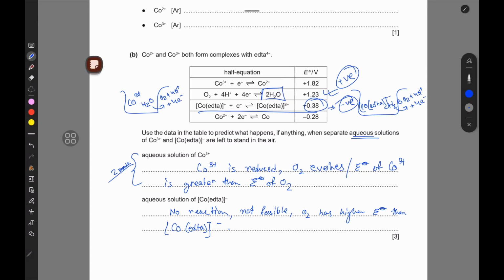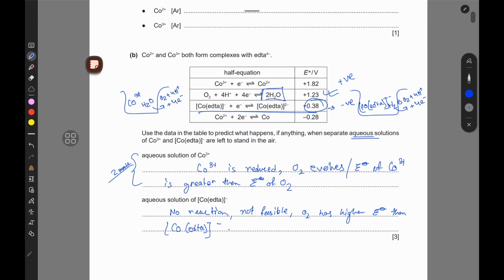It's going to be releasing the electrons since it is more negative, meaning it has a lower electrode potential, so it's going to have a tendency to give off electrons, whereas the more positive one is going to have a tendency to gain those electrons.